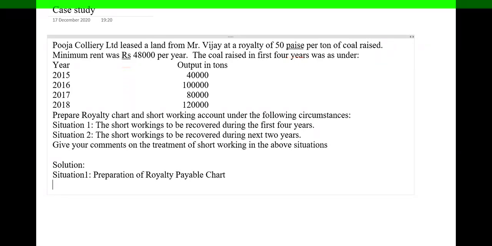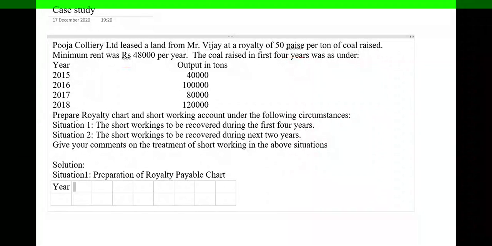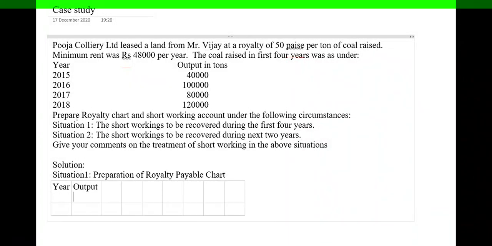So let me insert the table here. So first column year, then output in tons, then royalty at 0.50, that is 50 paise.